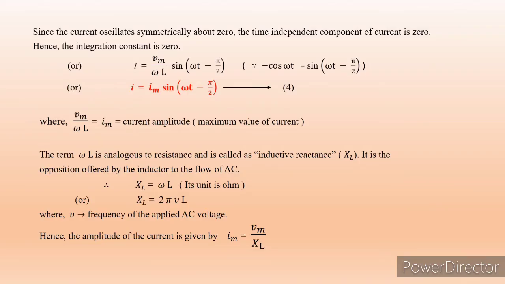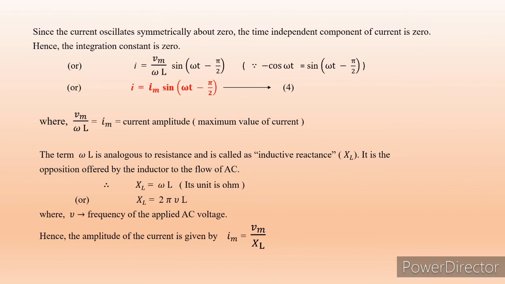Since the current oscillates symmetrically about 0, the time independent component of current is 0. This is because current depends on time. Hence, the integration constant is 0, or I equal to Vm divided by omega L into sin of omega t minus pi by 2, because cos omega t is equal to sin of 90 minus omega t, and minus cos omega t is equal to sin of omega t minus pi by 2, or I equal to Im sin omega t minus pi by 2.